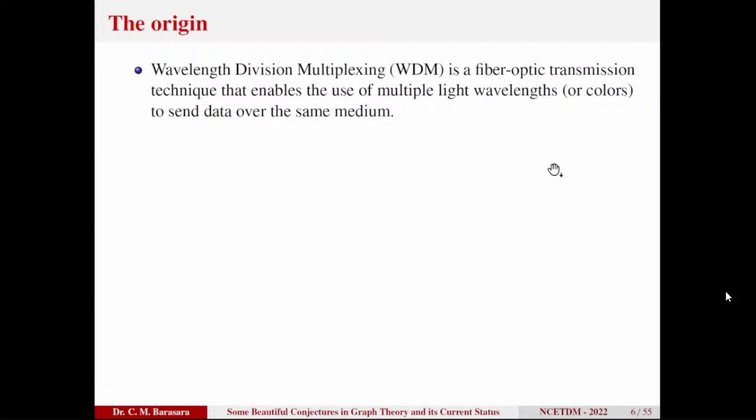What is wavelength division multiplexing? It is a fiber optic transmission technique that enables us to use multiple light wavelengths, or what we can say colors, to send data over the same medium. On the same medium, if you wish to send multiple data, then the technique which we are using is called wavelength division multiplexing.